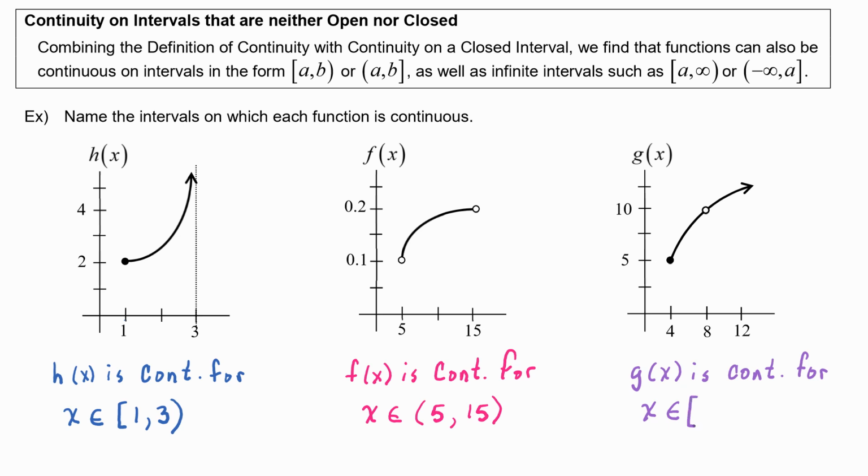So we would put a hard bracket, 4, 8, with an open bracket, union, then it would start again immediately after 8, so that's an open bracket, 8, and then every x value is included from there to infinity. This goes on forever and ever, so we put infinity with an open bracket.